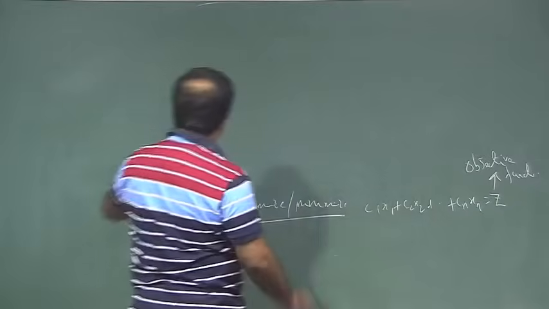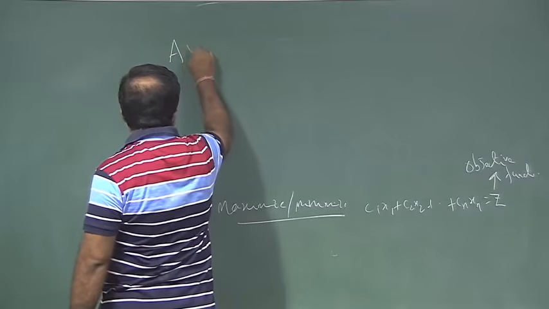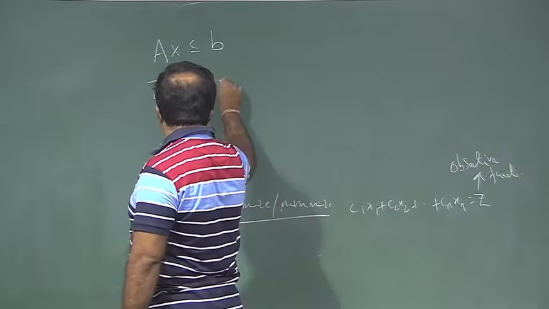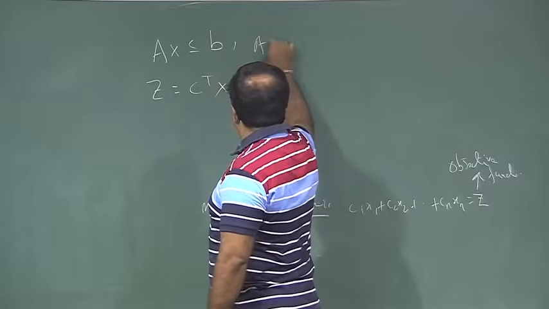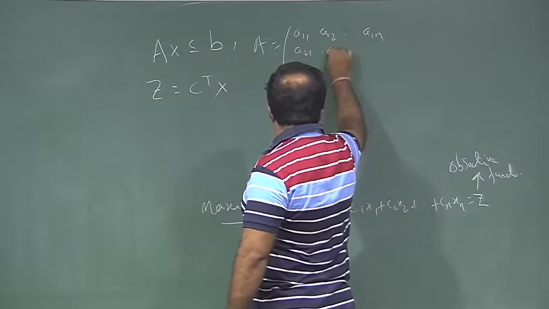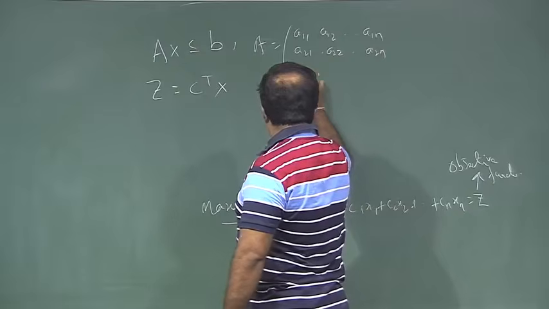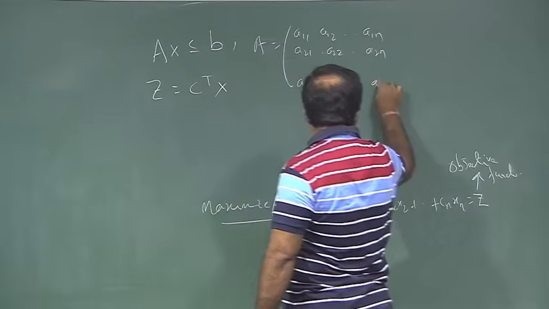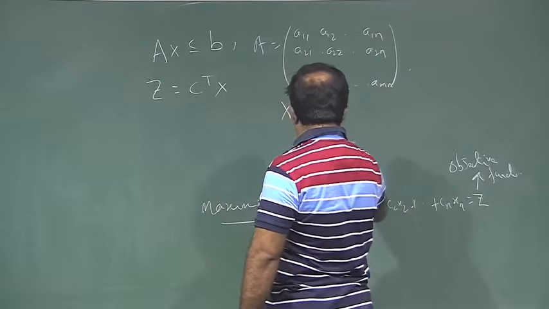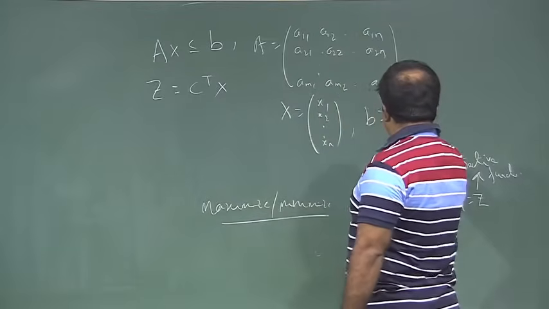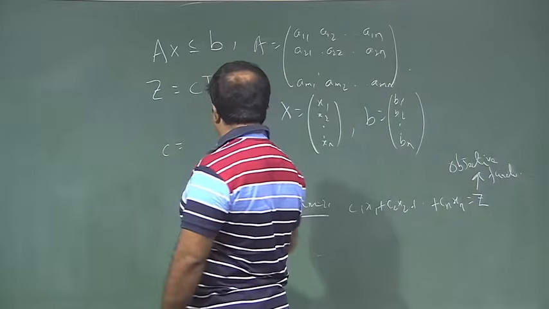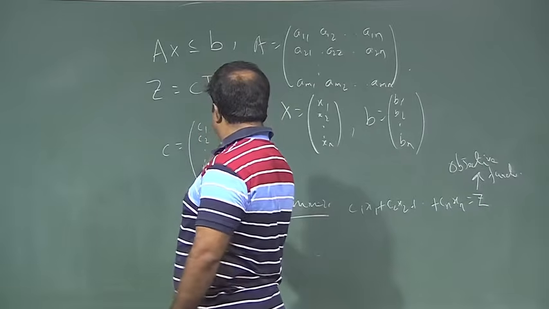Ax less than or equal to b, and z can also be written as c transpose x, where A is the matrix with rows a11, a12, up to a1n, then a21, a22, up to a2n, down to am1, am2, up to amn. x is the column vector x1, x2, up to xn, b is the column vector b1, b2, up to bm, and c is the column vector c1, c2, up to cn.